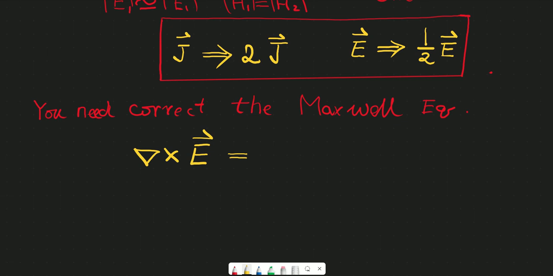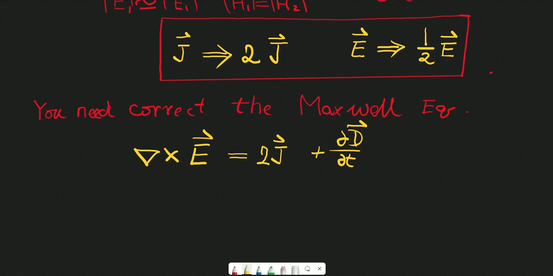Originally, your Ampere's circuital law is this. Now you need to put a half here.